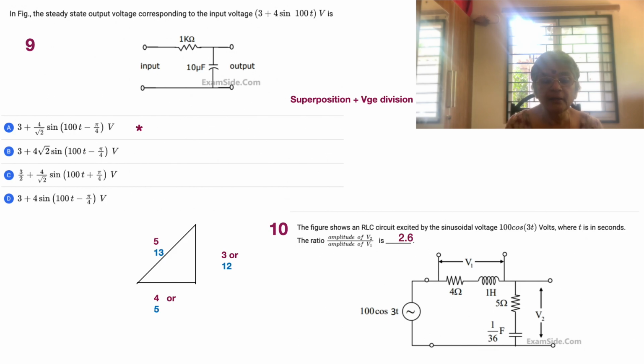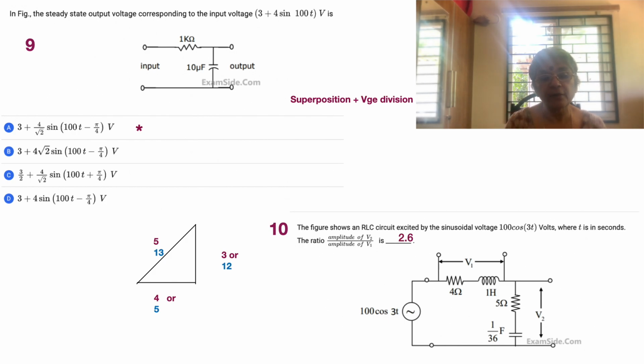Now we can divide the whole 100 volts by the total impedance. You can add up all the impedances, divide, and have a ratio. That's enough for now. So V2 is proportional to 13, as we saw earlier, and V1 is proportional to 5.